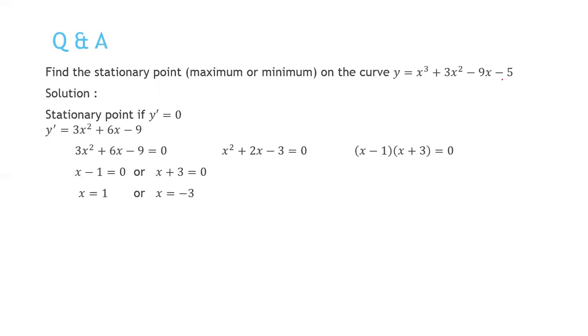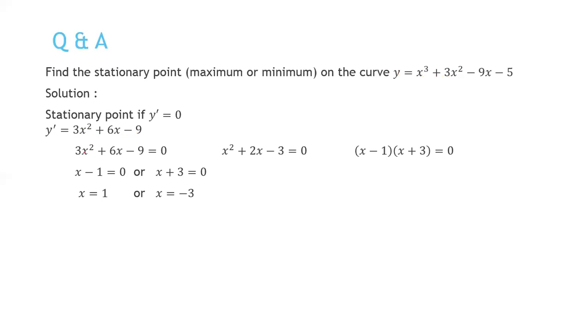The first step, we have to find the stationary point of this function. To find the stationary point, you need to find the first derivative of this function, which becomes 3x squared plus 6x minus 9.